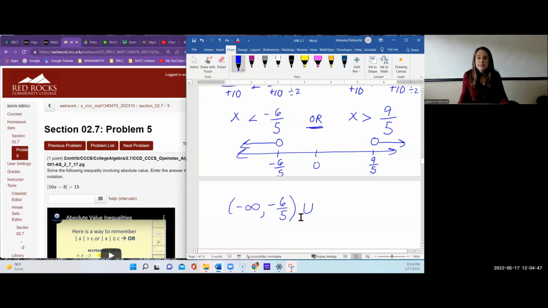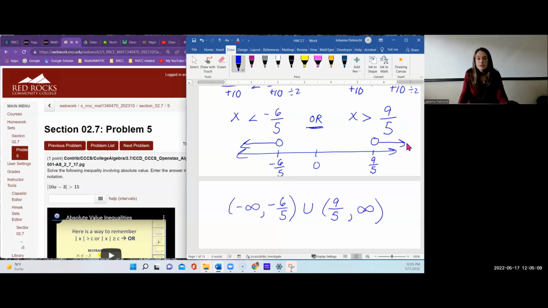Union means plus another little bit, or this other part as well. Then it picks up at 9/5. Again, we're reading left to right, so the next thing we hit is 9/5. It's an empty circle, so we use round parentheses. And then it goes to the far right, which is where infinity is found.